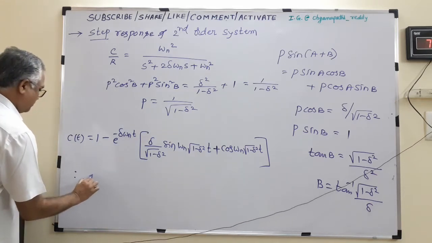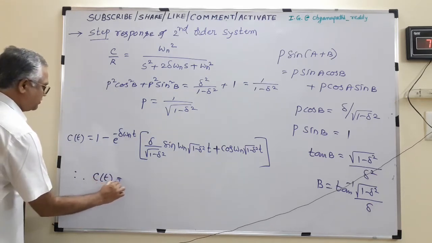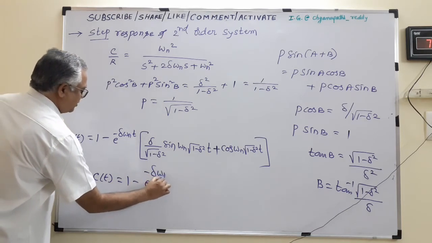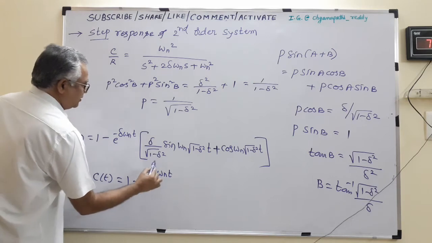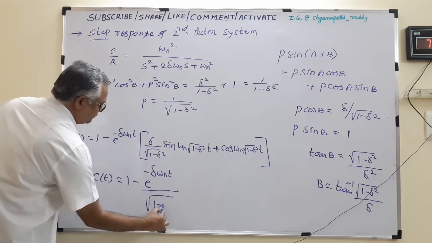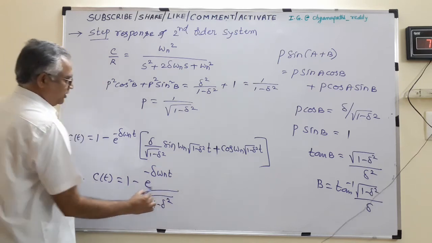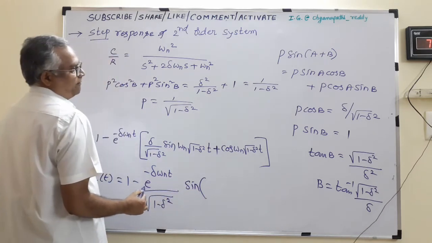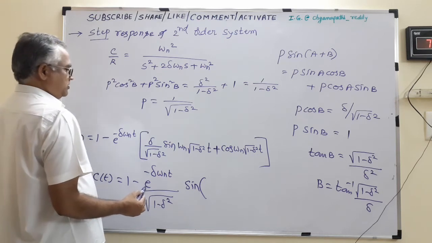So therefore C of t is equal to 1 minus e power minus delta omega n t by root of 1 minus delta square, and sin a plus b.